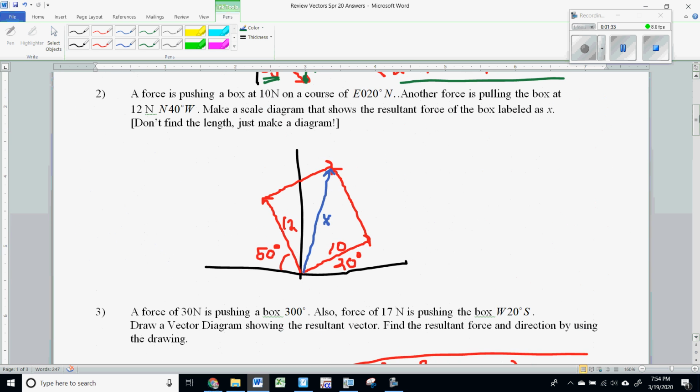The other thing we have is to go back to our drawing, our parallelogram. And so we have a force pushing a box 10 newtons east, 20 degrees north. That is this side right here. And another force is pulling the box at 12 newtons at north 40 degrees west, which is this one right here.